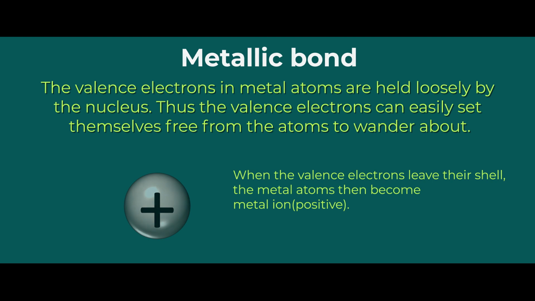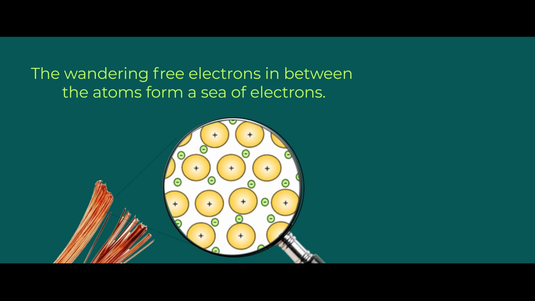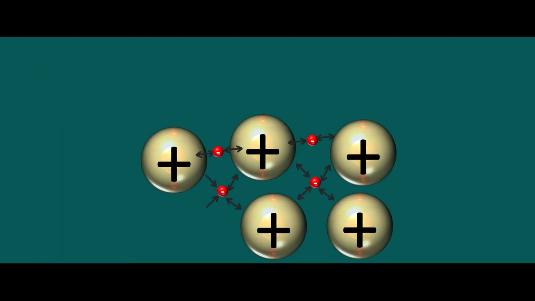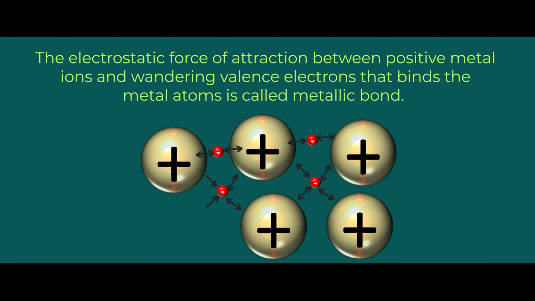Now where do these electrons go? The wandering free electrons in between the atoms form a sea of electrons. You can see the example here. And this sea of electrons is negatively charged and the metal is positively charged. So there exists an electrostatic force of attraction between positive metal ions and wandering valence electrons and a bond is formed. This bond is called a metallic bond.